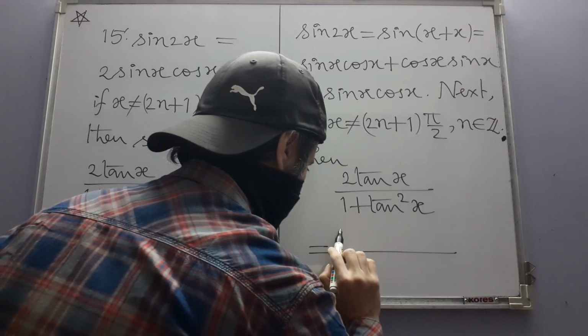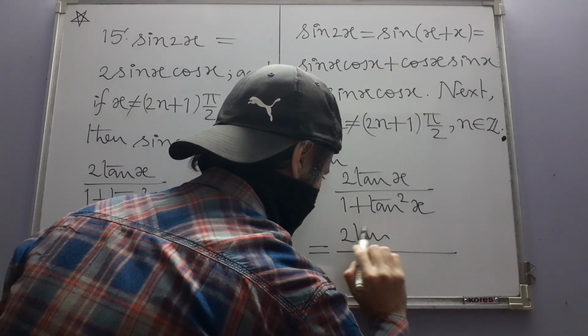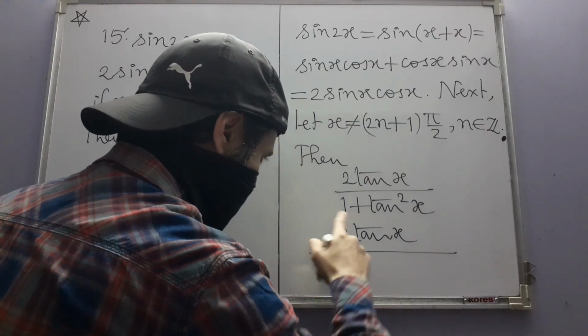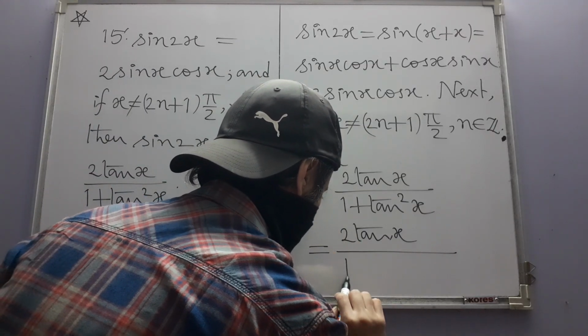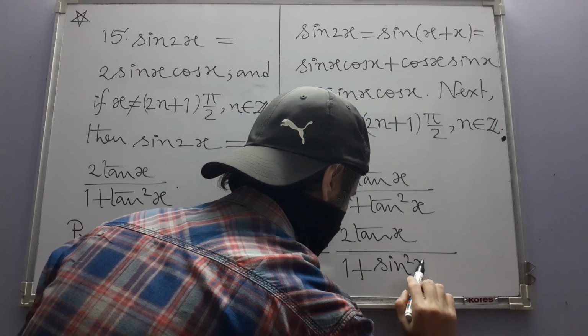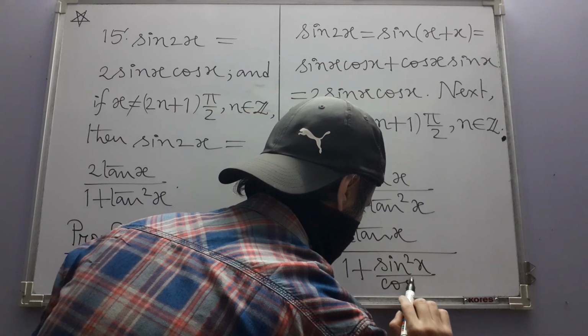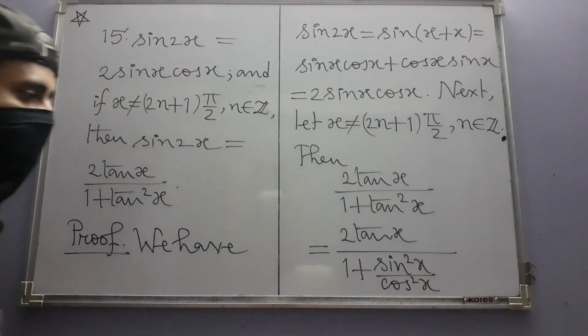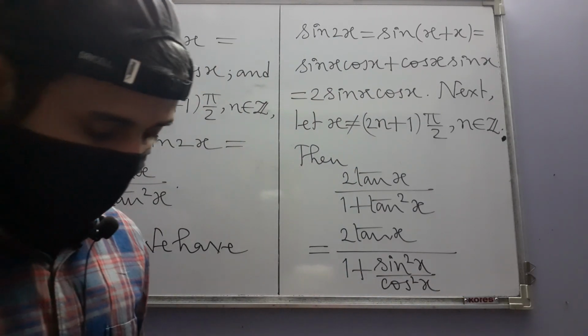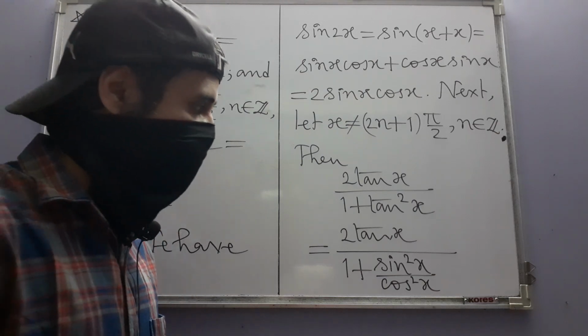So let's keep the tan x as tan x, and here let's write sin square x divided by cos square x. Well, 1 plus tan square x I think is already secant square x, no?